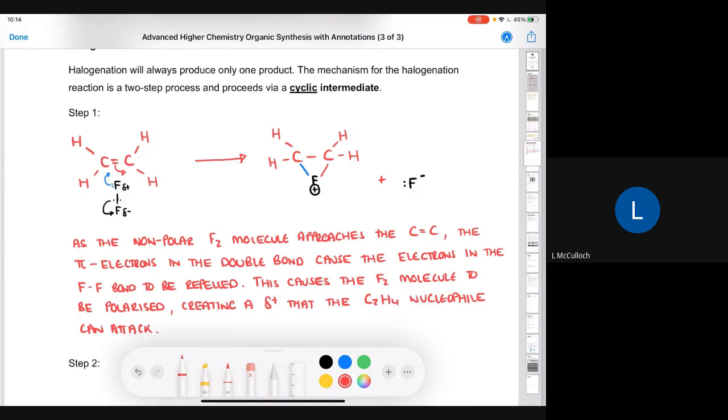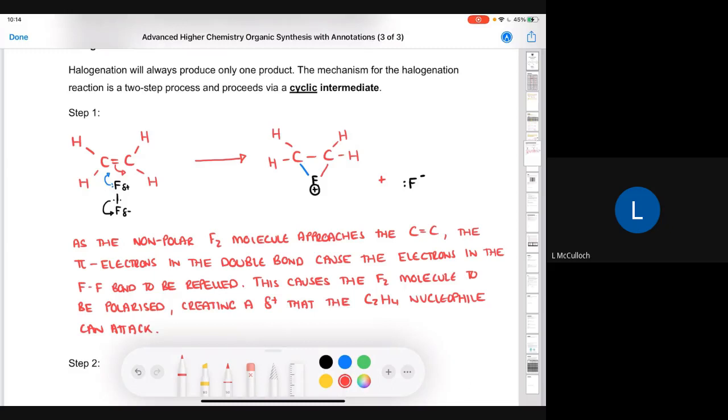Okay. And again, as I was saying, if there is no positive charge or delta positive charge, then the electrons in the pi bond have nothing to attack and the reaction simply doesn't take place.